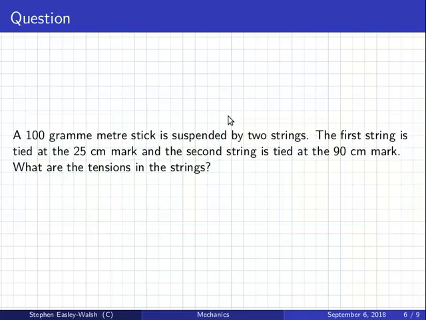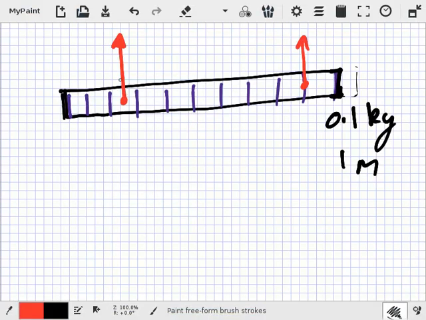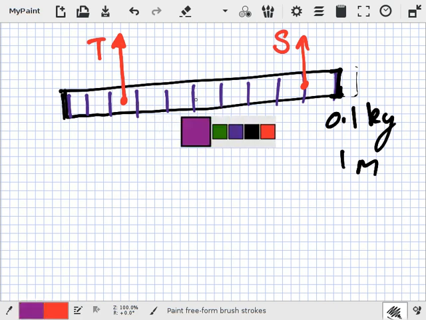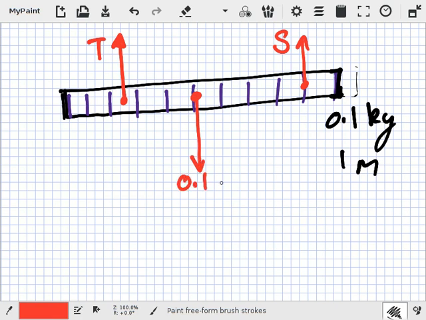Okay, and my question is, what are the tensions in the strings? So there's a force here, and there's a force here, and of course at 50 there's a force here of 0.1 G. And my question is, what's the T and what's the S? Okay, we got the picture, we understand the question?